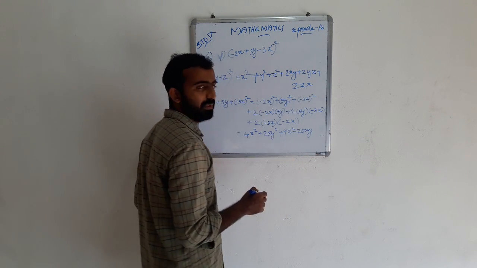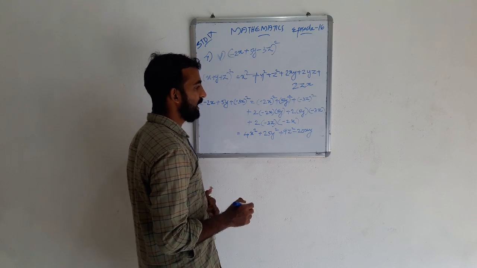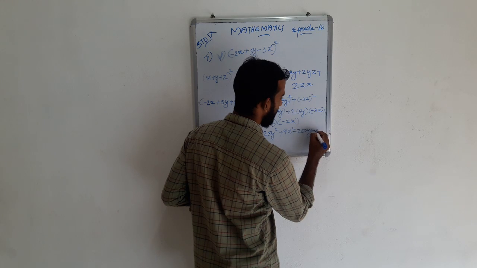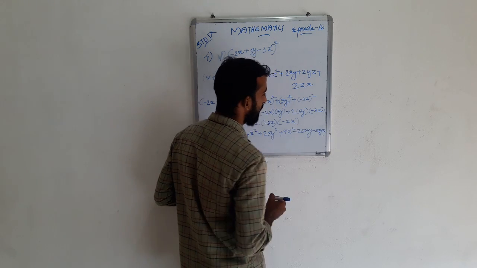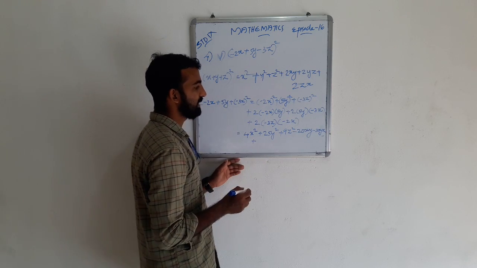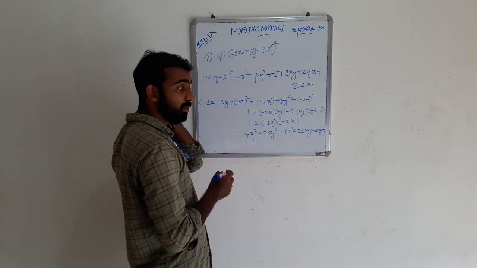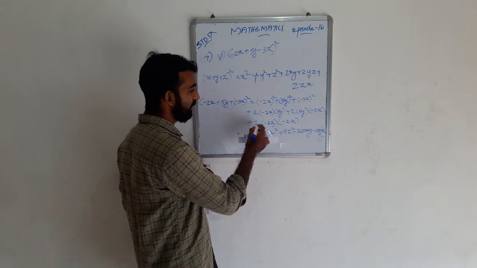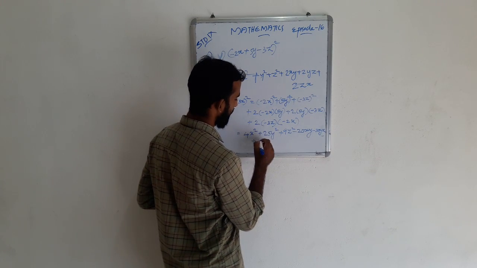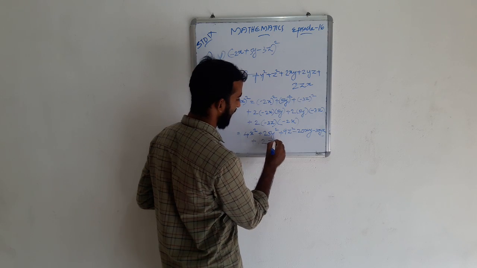Here 2 into 5, 10, 10 into negative 3, we get negative 30, so negative 30yz, plus 2 into 3, 6, 6 into 2, we get 12, that is we get positive 12zx.